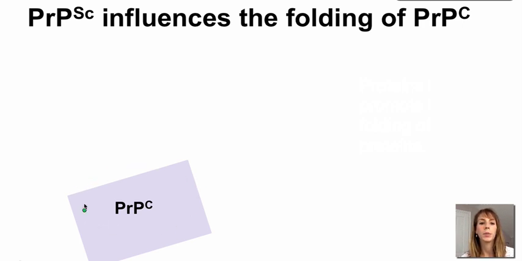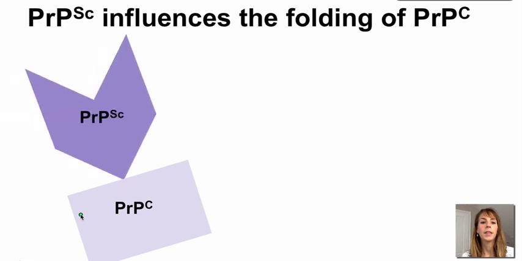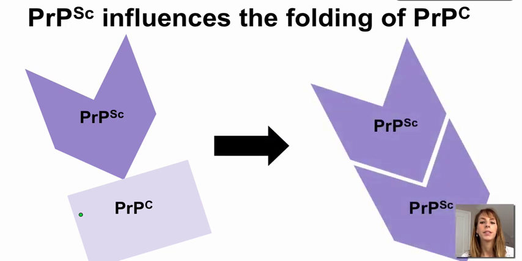So back to our PrPC, this is something that you find in normal healthy neuronal tissue. If PrPC encounters or bumps into PrPSc, what happens is that the PrPSc influences its folding, and it causes the PrPC to take on the harmful form of the protein too. So this can keep happening.